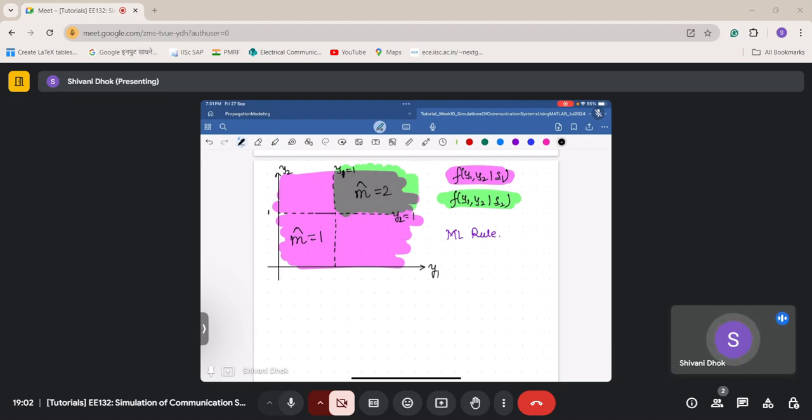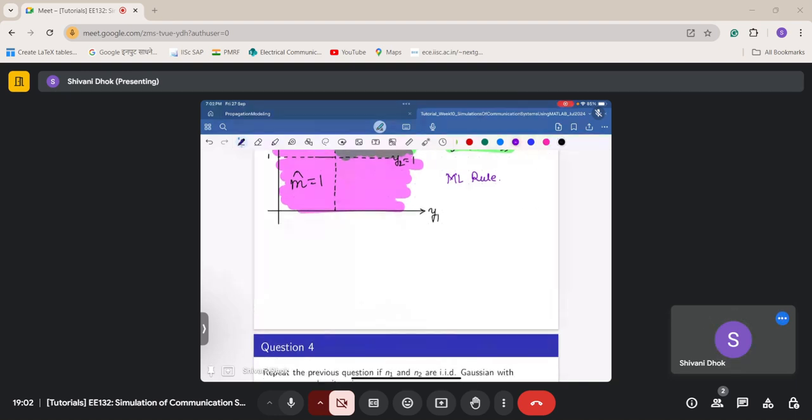So mathematically, your ML rule becomes m hat equal to 1 if y1 less than 1 or y2 less than 1.